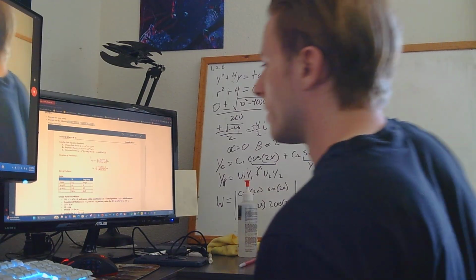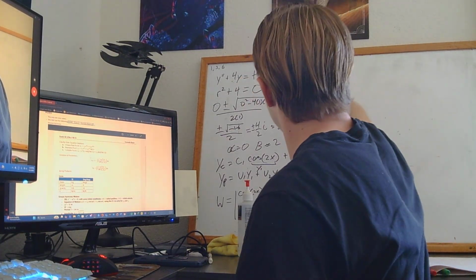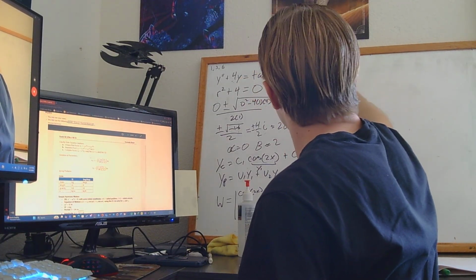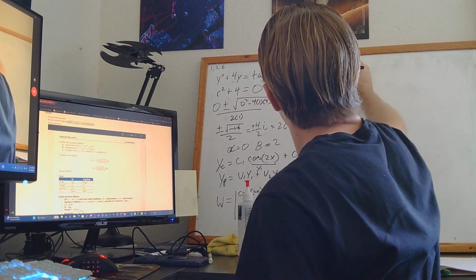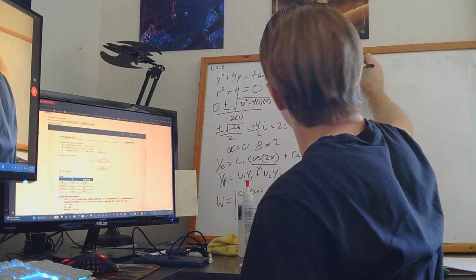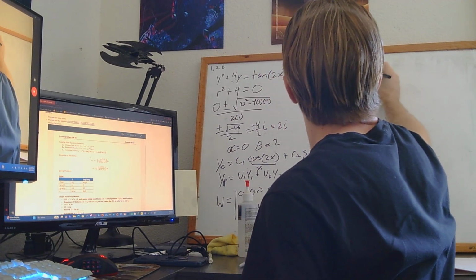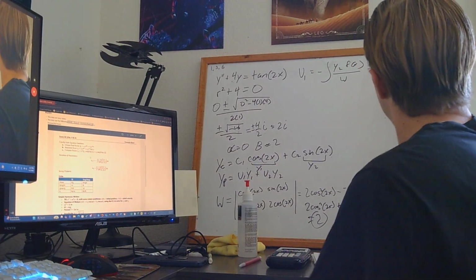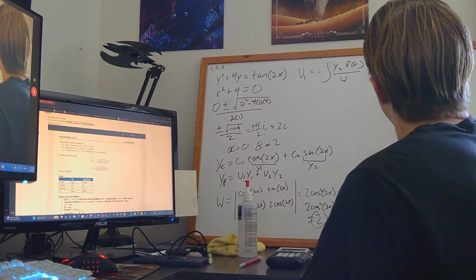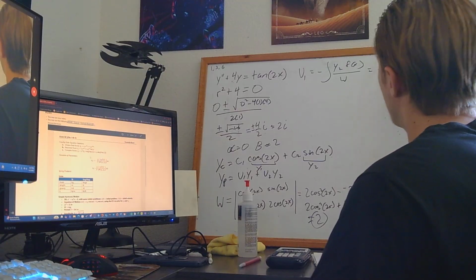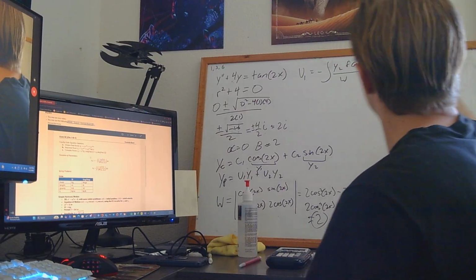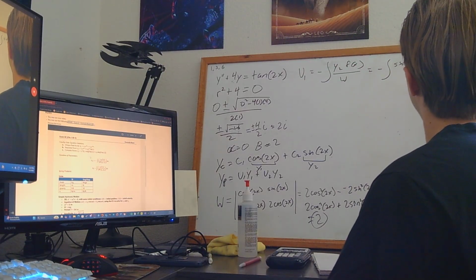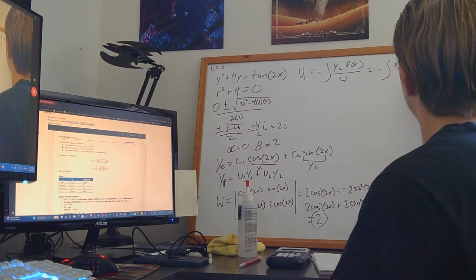Alright, so we'll find u1 using this formula here. Minus integral y2 f of x. It's going to be minus integral. So y2 is sine 2x times, so f of x is going to be tangent 2x over 2.